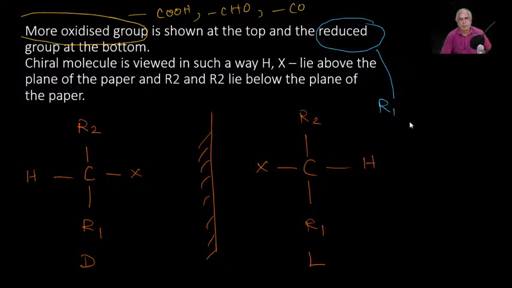They are represented by CH3, CH2OH, etc. Okay? And X represents halogen, is it not? Otherwise a heteroatom also, any atom, not only halogen. So X represents a different atom apart from carbon, hydrogen, oxygen.